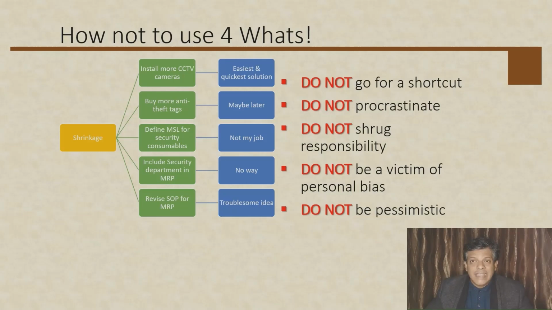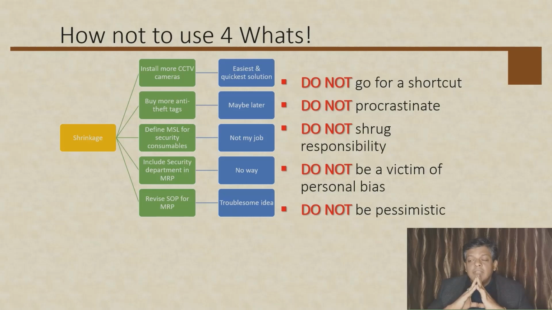There are people who can apply the 4 watts technique in a very incorrect manner, and they would have a different way of evaluating or looking at these options based on their own inhibitions and perspectives. For example, somebody may go ahead with installing more CCTV cameras because that's the easiest and quickest solution. Someone might defer buying more anti-theft tags because of their own hesitation about something.